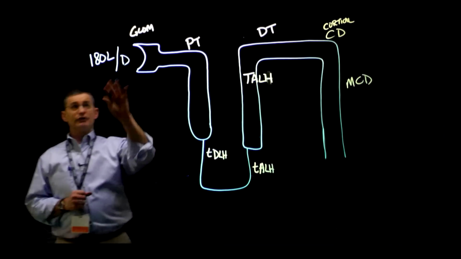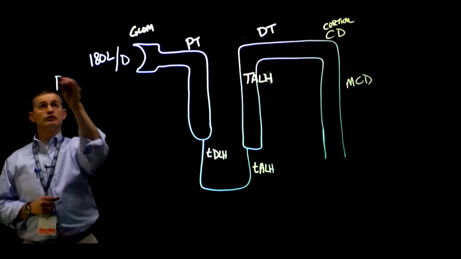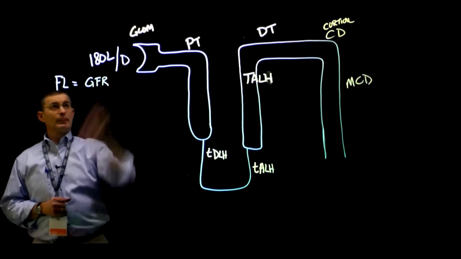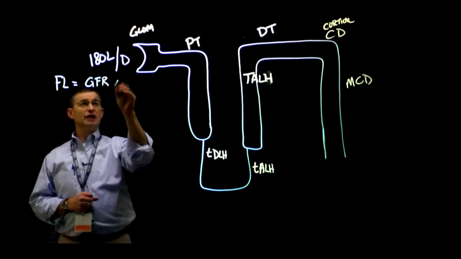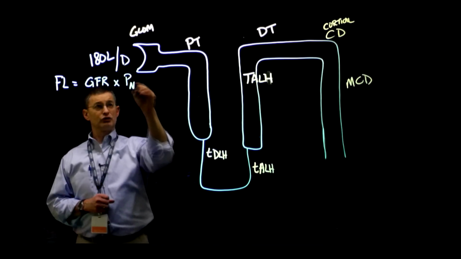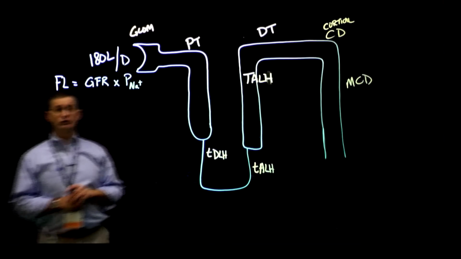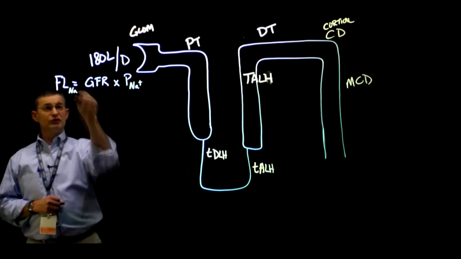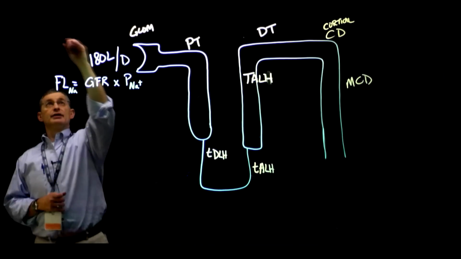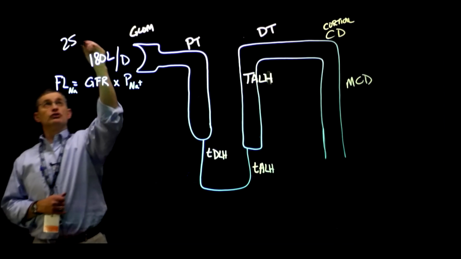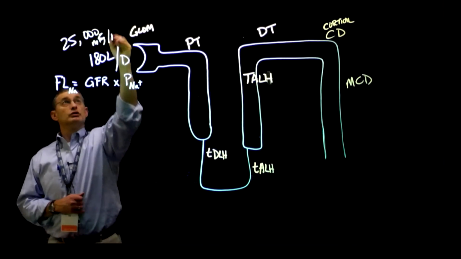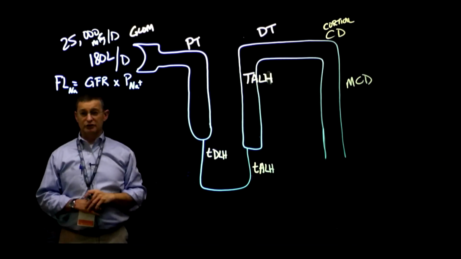If you do the math, the filtered load is equal to the GFR, which is 180 liters per day, times the plasma concentration of a particular substance. And for this case, we'll talk about sodium. So the filtered load of sodium is equal to the GFR times the plasma sodium concentration. If we do the math, that amounts to 25,000 milliequivalents of sodium per day filtered at the level of the glomerulus.